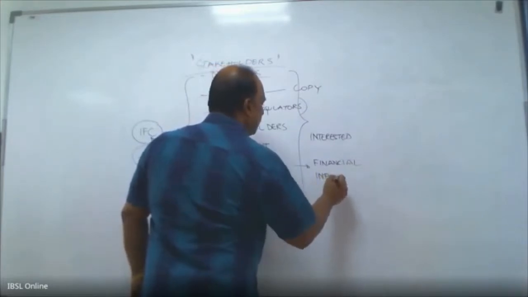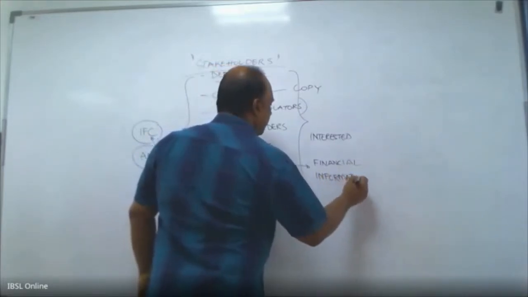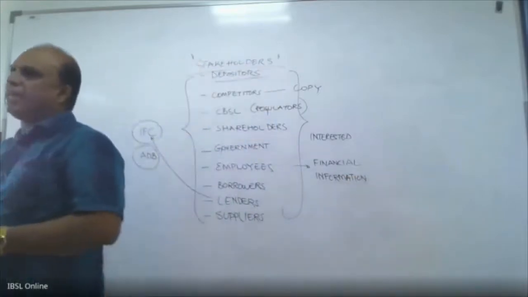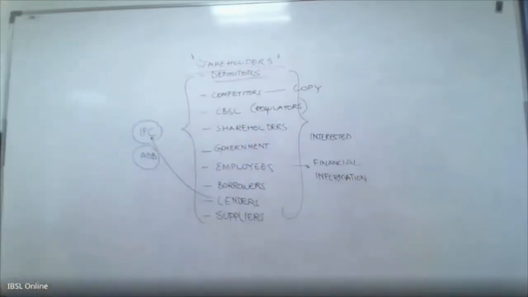So the financial information becomes the vehicle that you use to reach out to your stakeholders. Okay? Is that clear to you all? The financial information will be the vehicle that you will use to reach out to your stakeholders.